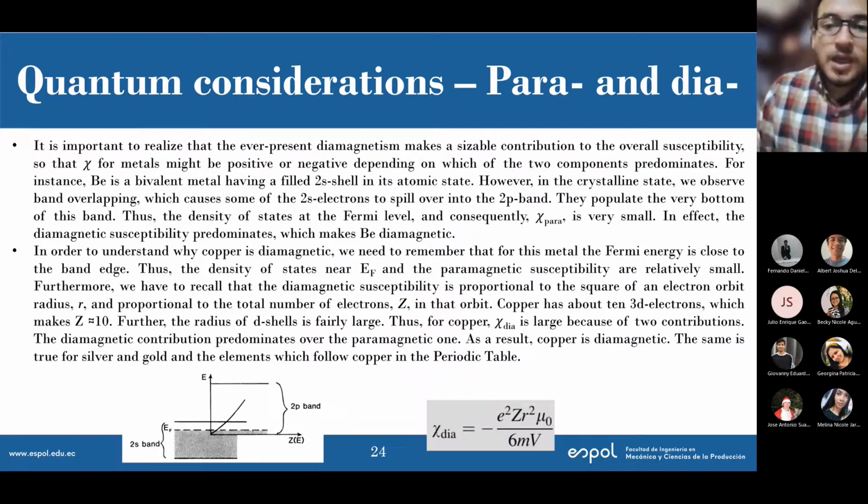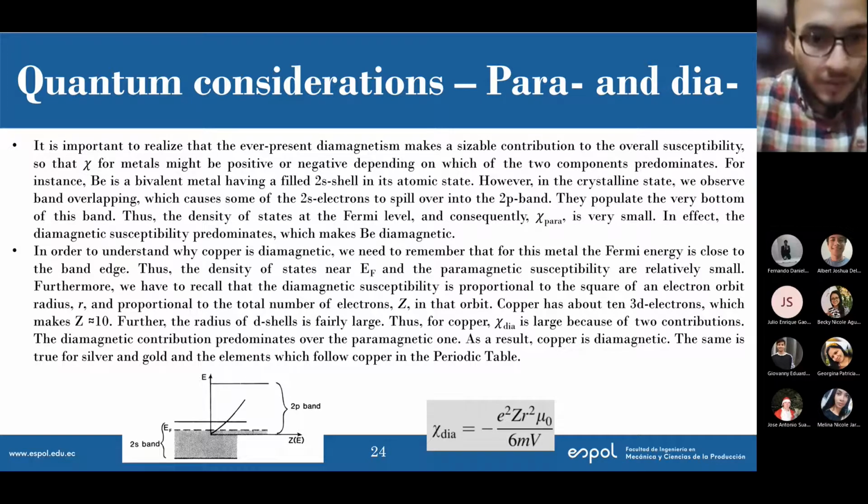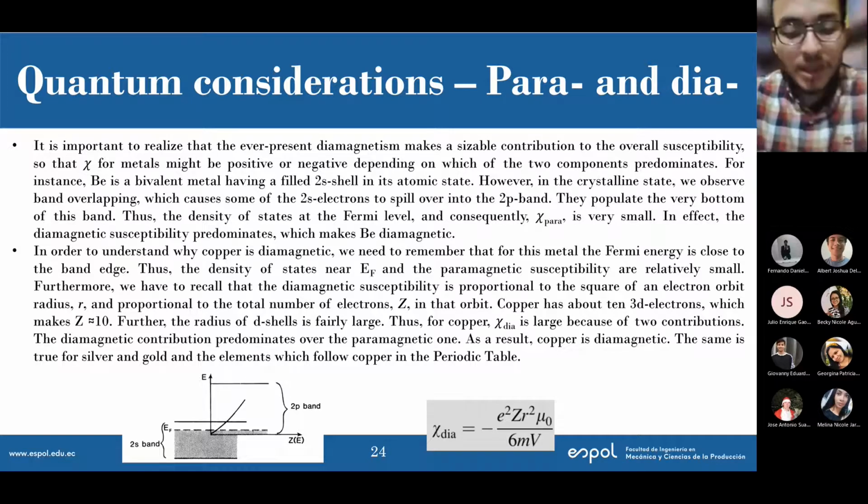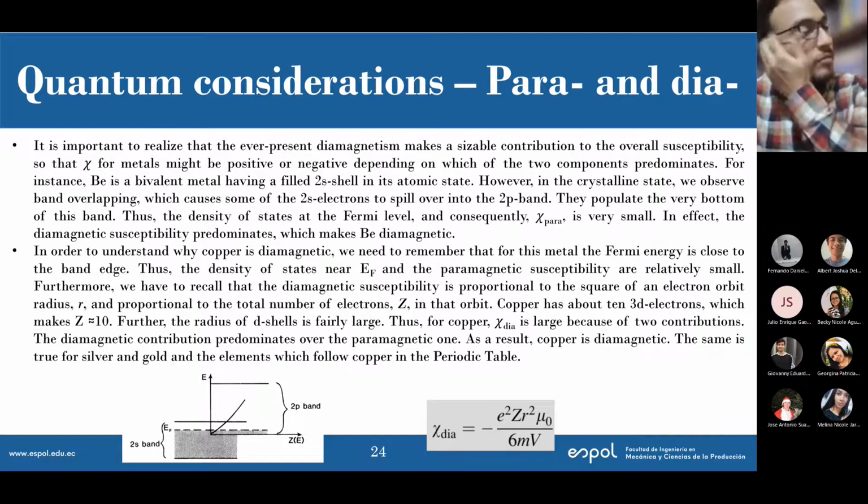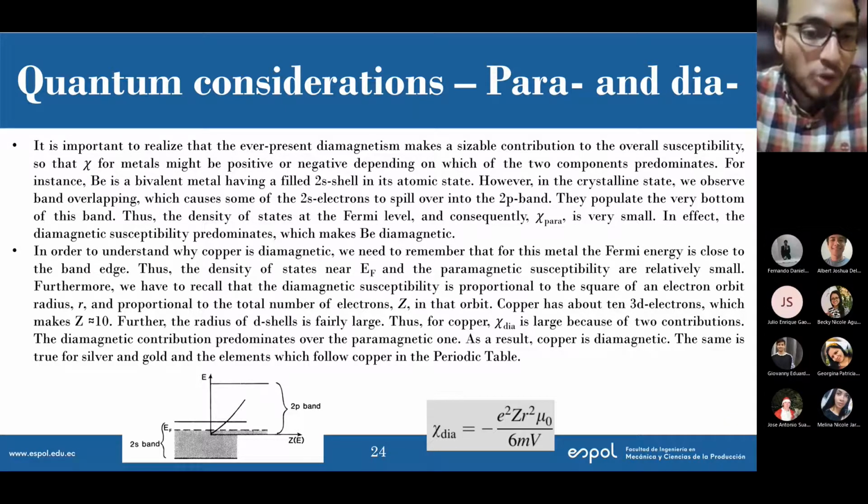Okay, let's continue with this. Remember that diamagnetism will be pretty much always present in all materials. Depending on the material, it will make a contribution that might be small or might be big.